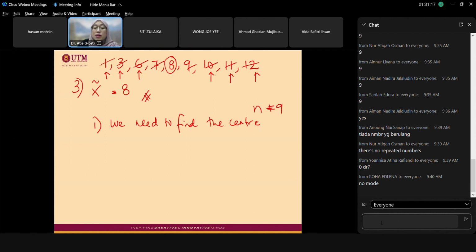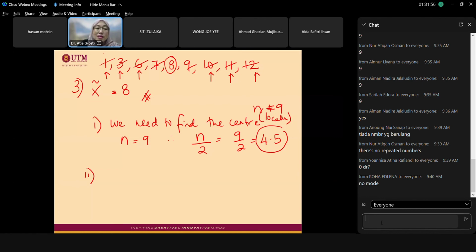We know n is equal to 9, therefore the center, half of it, will be n minus 2, which is 9 minus 2, 4.5. This is not the answer of our median yet. This is only the location. Then from the location, we identify who is actually at the 4.5 position.